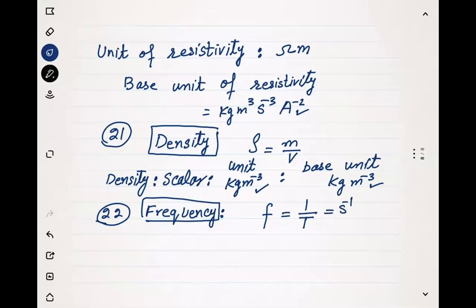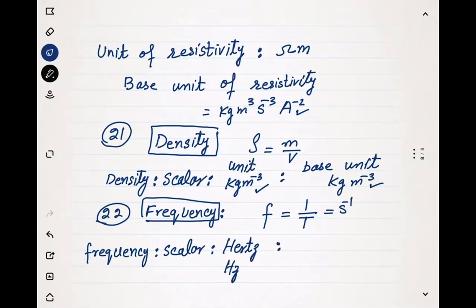So frequency, which is a scalar quantity, has a unit of hertz, and base unit of second inverse. Hertz represented by Hz is its unit, and its base unit is second inverse. So these are the units and base units of the quantity frequency.